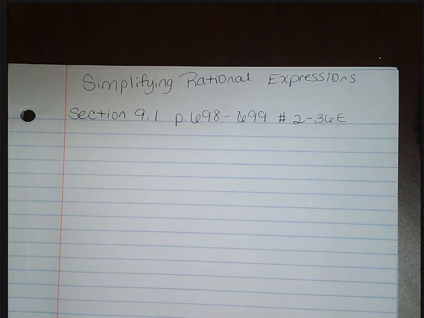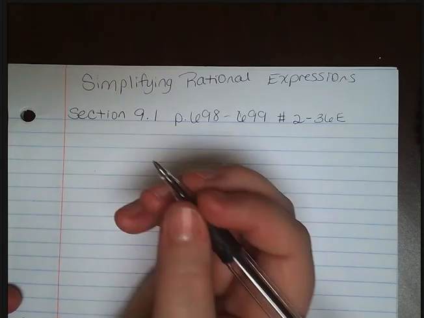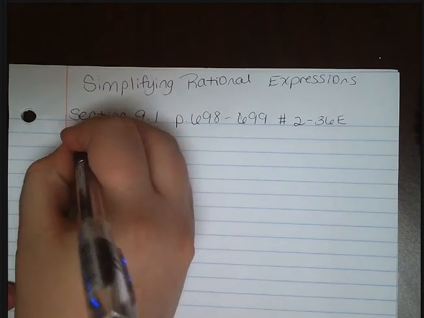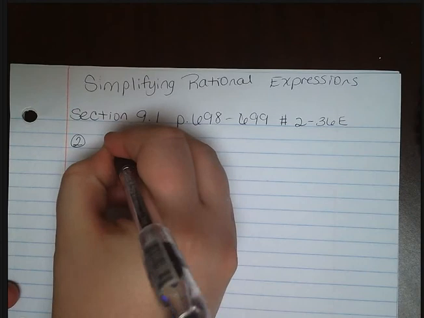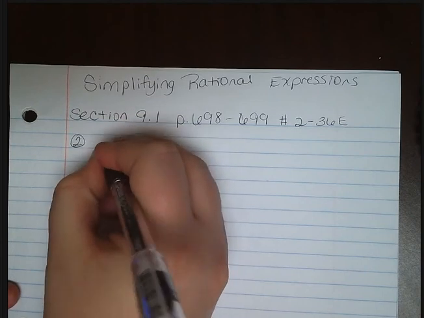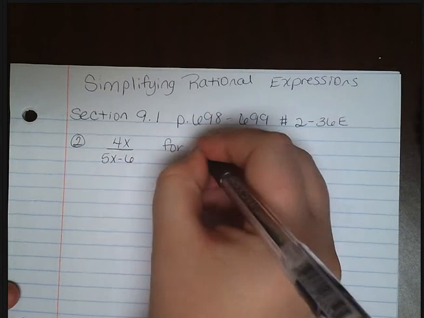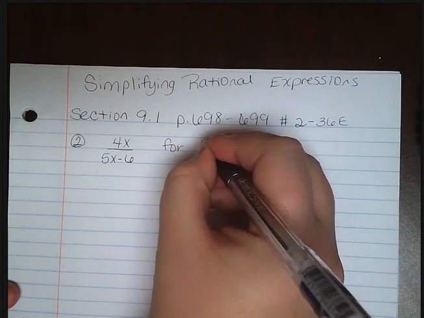So, on numbers 2 through 8, they state, evaluate each expression for the value of the variable. So for number 2, we have 4x divided by 5x minus 6, and we're evaluating that for x equals 2.